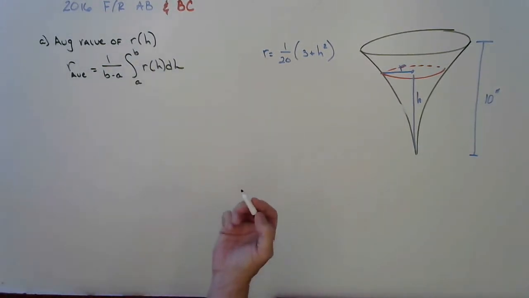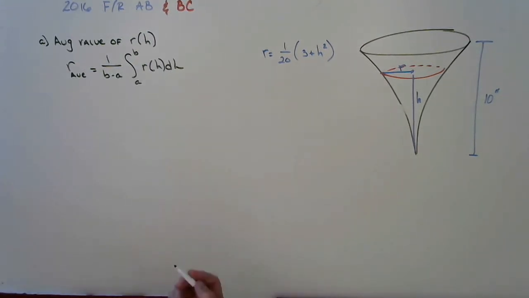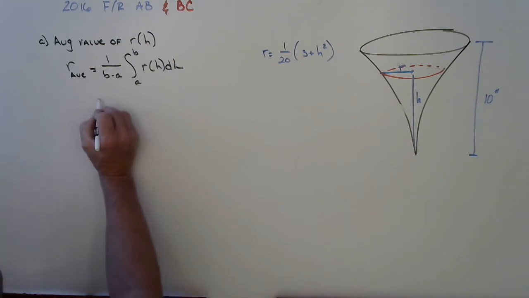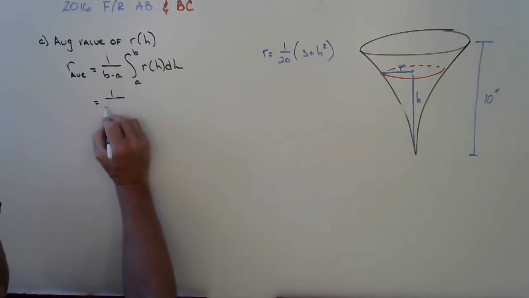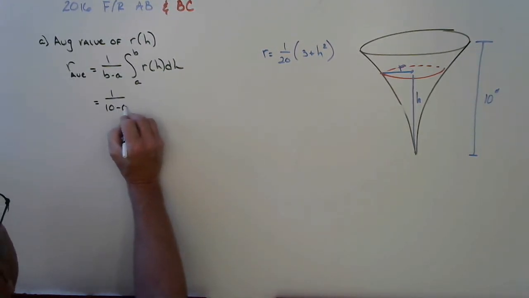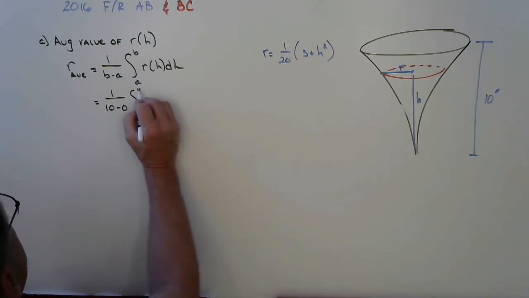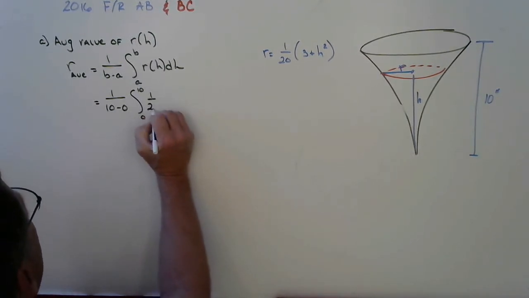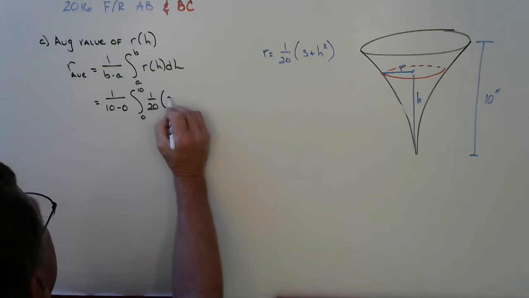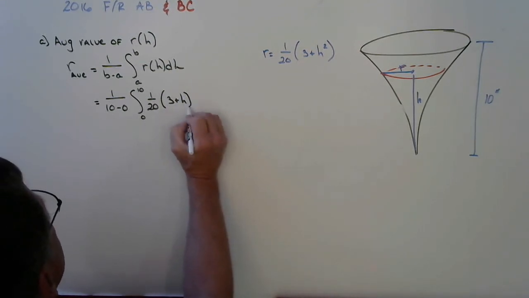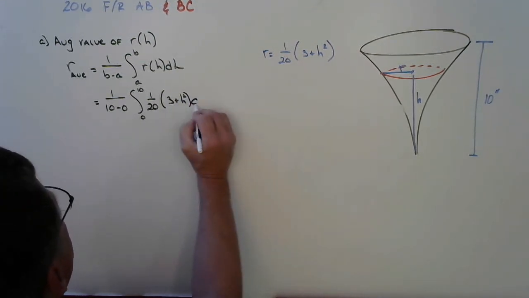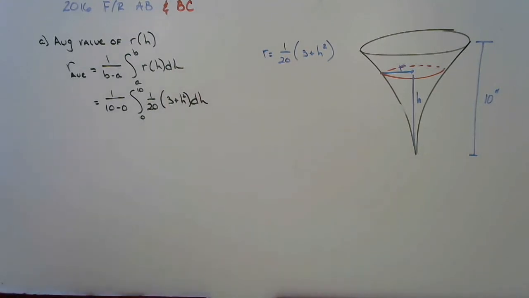That's our average value of a function formula. Well, we know all these things, right? This is 1 over 10 minus 0, the integral from 0 to 10 of 1/20th times 3 plus h squared, dh.